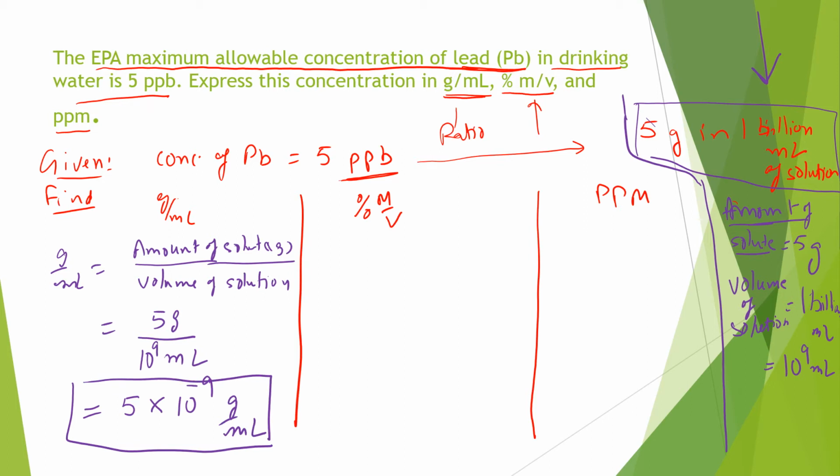Let's calculate now the percent mass over volume. For percent mass over volume, we need the amount of solute in grams divided by the volume of solution in milliliters and multiplied by 100.